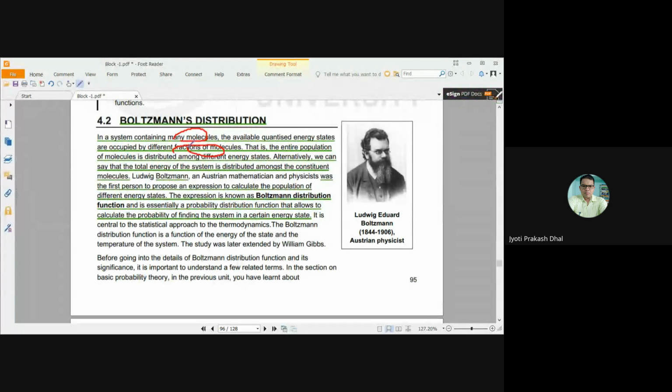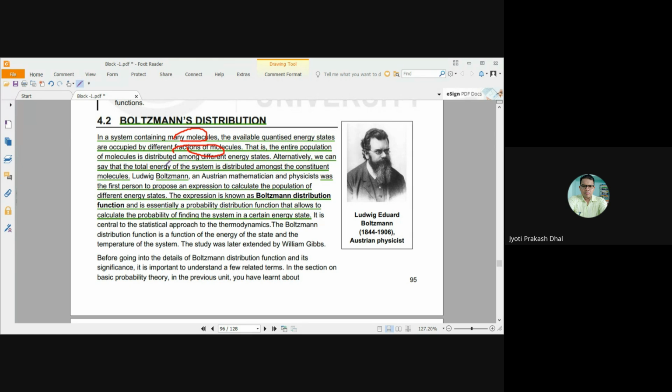That means if a system has a large number of molecules, the quantized energy levels are occupied by different fractions of molecules. Suppose out of 100% of molecules, different percentages are present in different quantized energy levels.